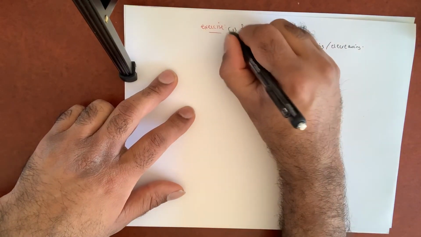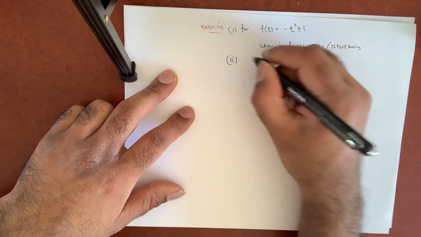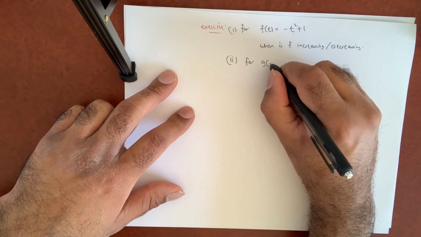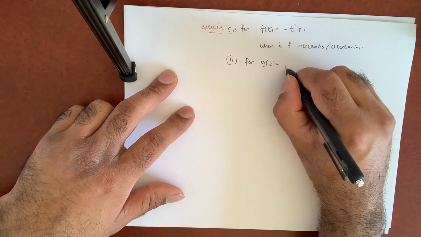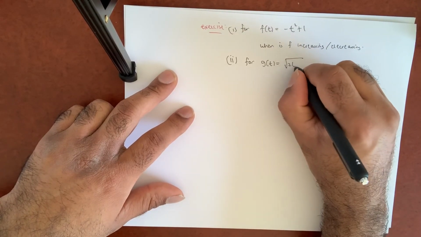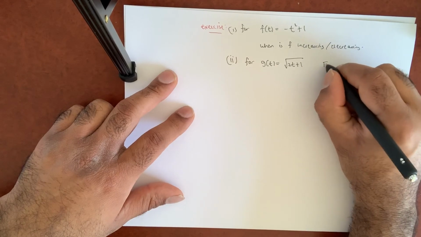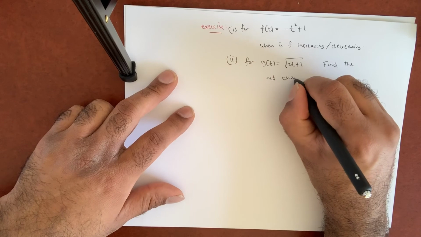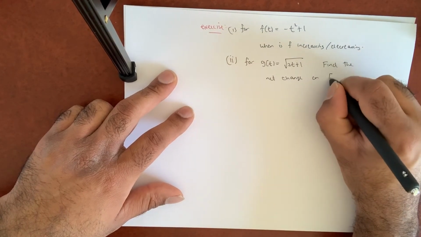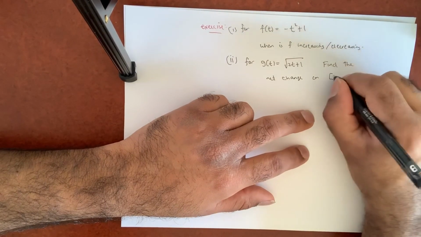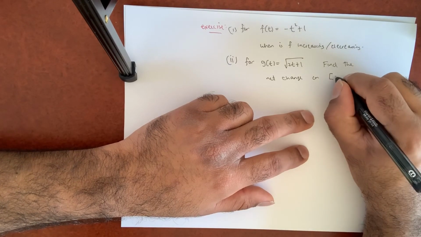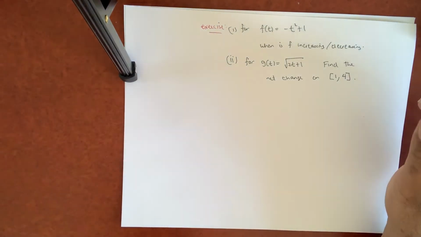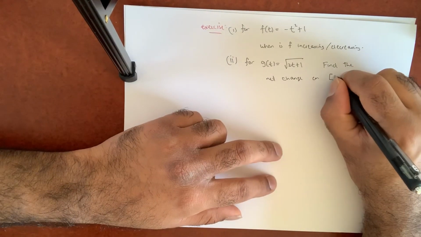So this is part 1 of the exercise, and part 2 is for, say, g of t equals the square root of 2t plus 1. Find the net change on the interval, let's make it 0 to 4.